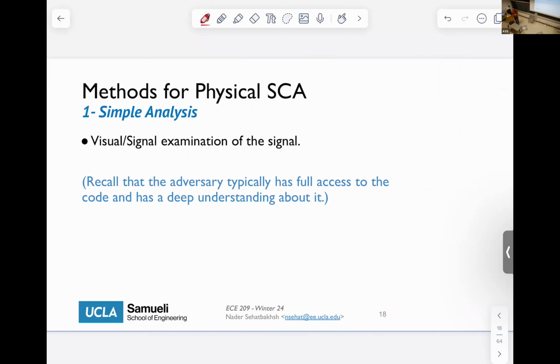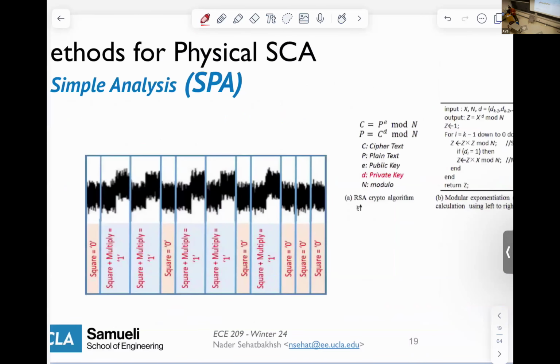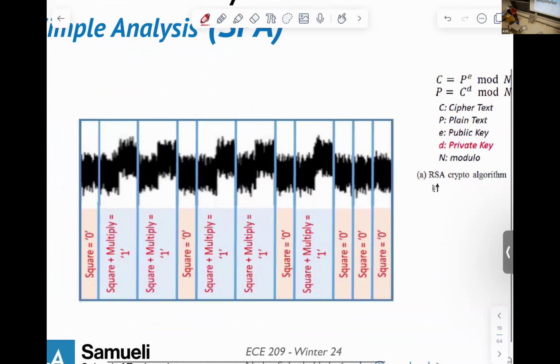There are 3 main types of side channels that I'm going to describe. The first one is what we call simple analysis, SA or SPA or SMA. And this is basically just a visual examination or simple examination of the signal. Okay. For example, take a look at this. Let's say that your program has 2 different phases.